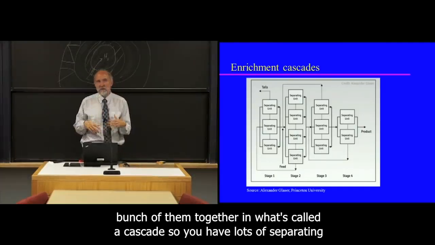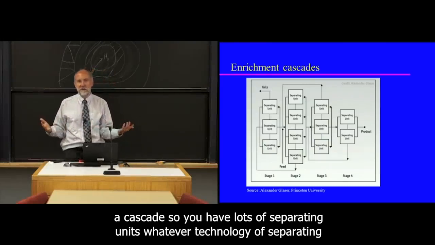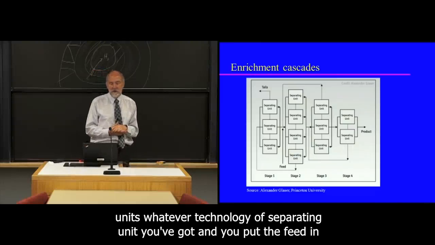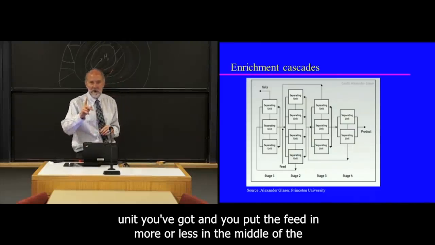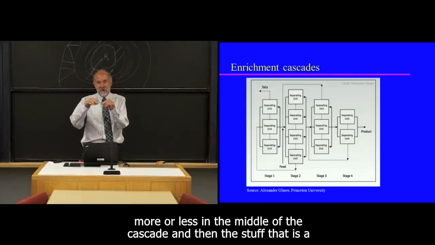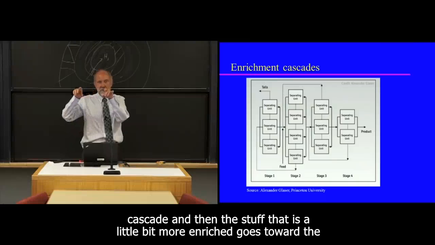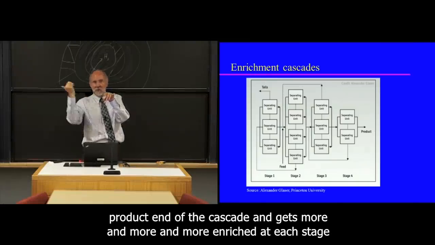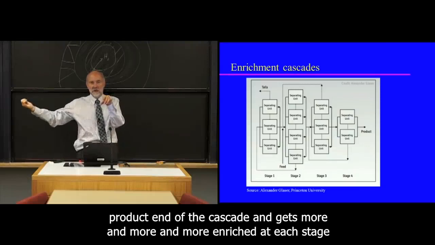So you have lots of separating units, whatever technology of separating unit you've got, and you put the feed in more or less in the middle of the cascade, and then the stuff that is a little bit more enriched goes toward the product end of the cascade and gets more and more enriched at each stage.